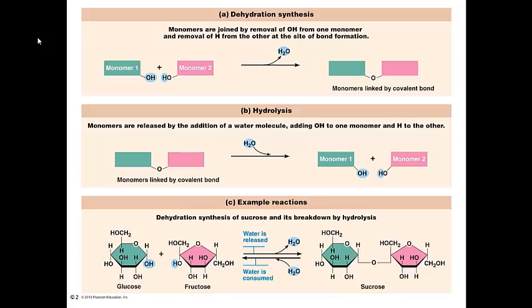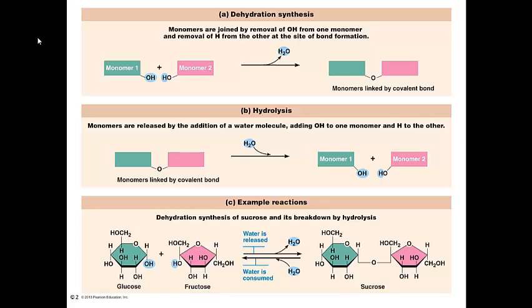If I want to make sugar again, I suck out the water. Do you see the difference? So this is an example of a dehydration synthesis reaction of sucrose, and its breakdown by hydrolysis. This is the fancy way of saying everything I just said. So I take glucose and fructose, and if I suck water out, I'm going to create sucrose.